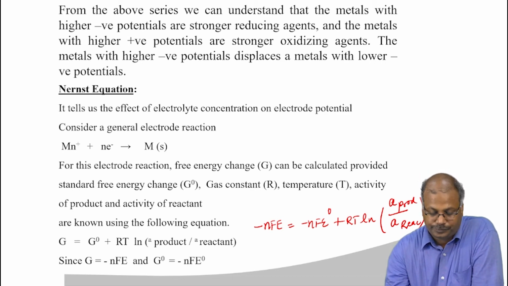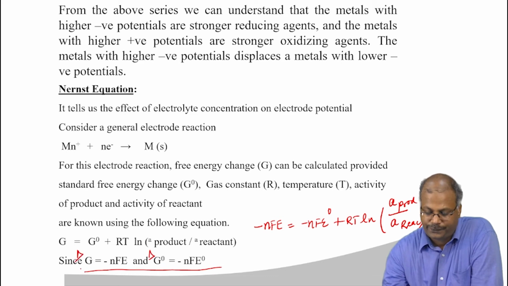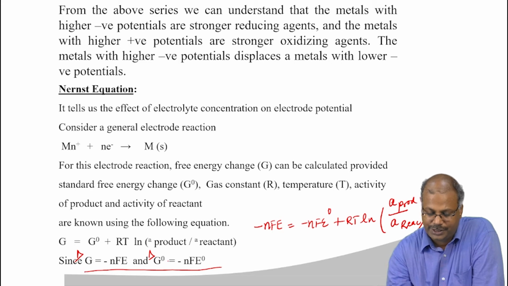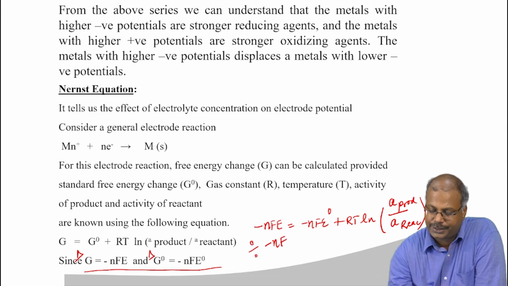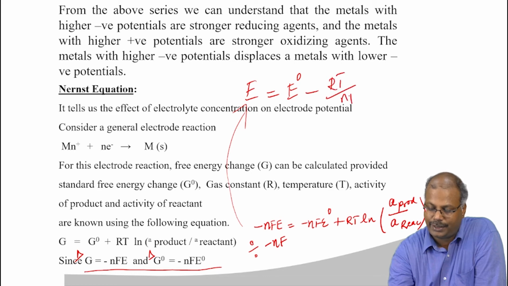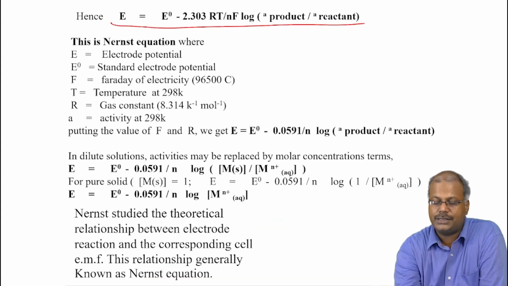Now, if you divide this by minus nF, what will you get? E is equal to E naught minus RT by nF ln activity of product by activity of reactant.